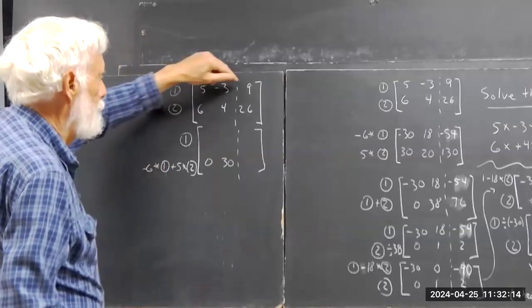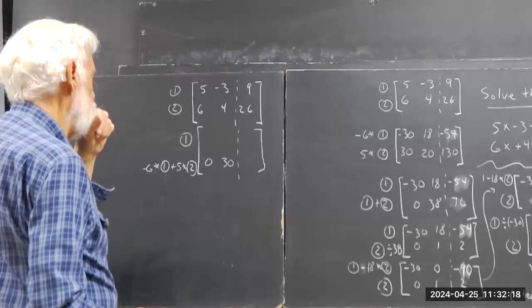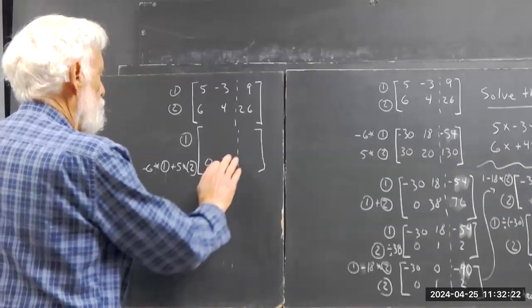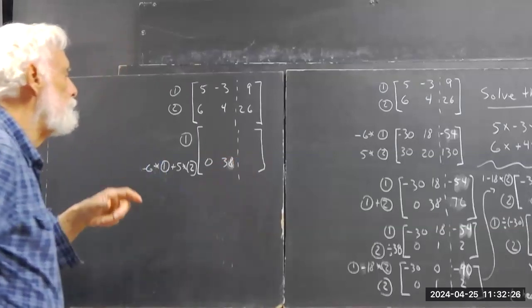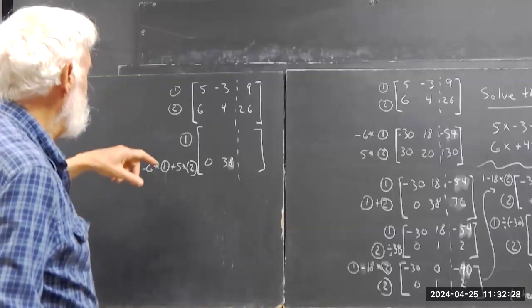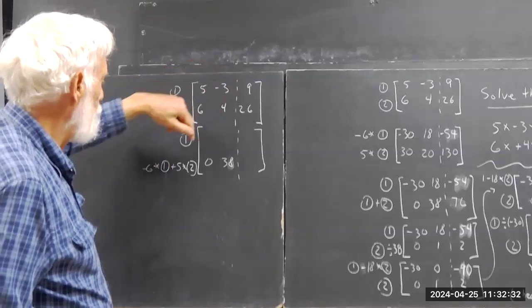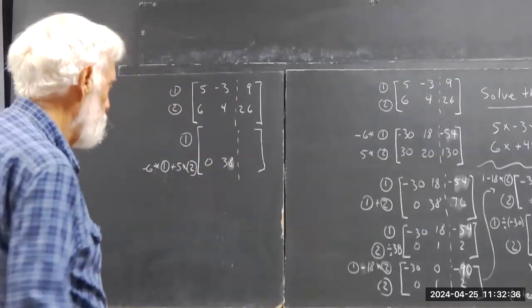-6 will give me 38. Okay. -6 times 9 is -54. 5 times 26 is 130.